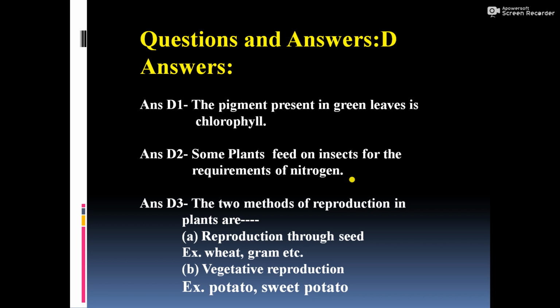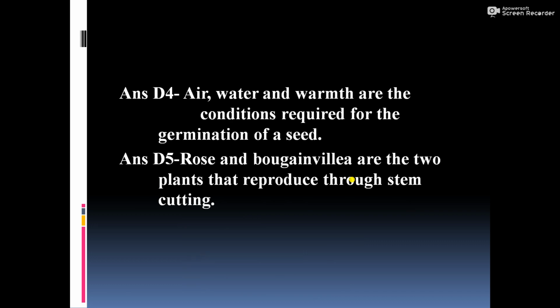In potato, reproduction takes place through the underground stem, and in sweet potato, just like in dahlia, it is through root. So don't be confused. Both are very different. After that, they grow in the soil. Potato is a stem and sweet potato is a root.